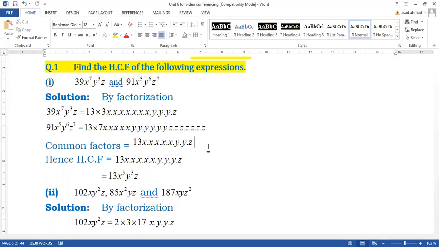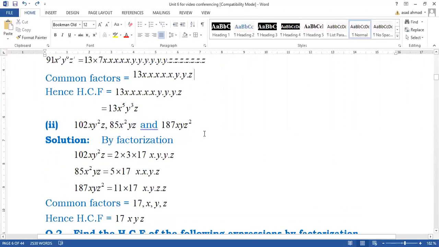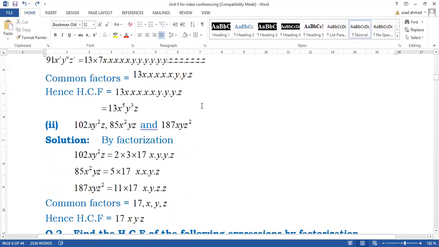So in the very first, we have to find what is common.